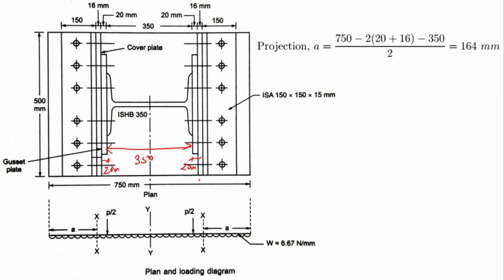If I use a gusset plate of thickness 16 mm over the covering plate of 20 mm, then again the cleat angle of 150 mm on both sides. So the minimum width of the base plate required will be 350 plus 2 into, for one side, 20 plus 16 plus 150.